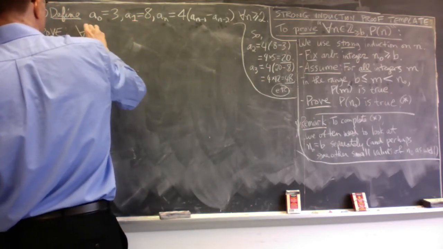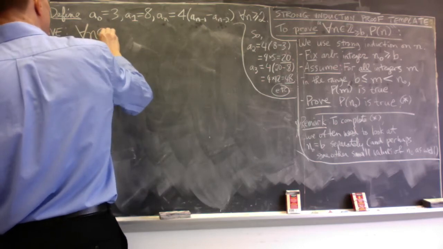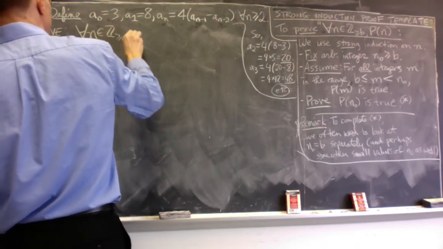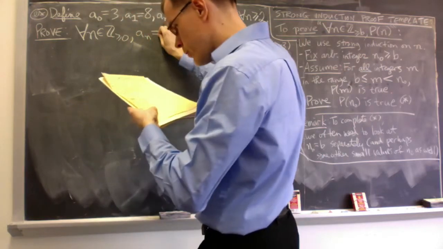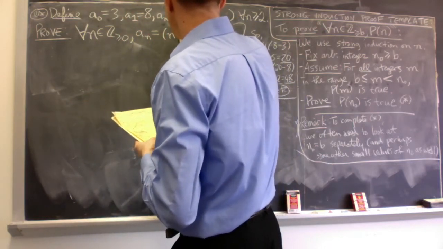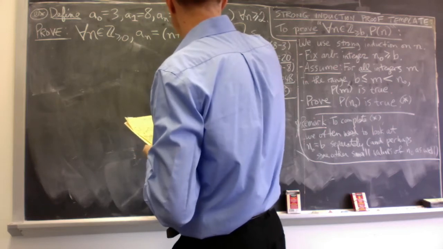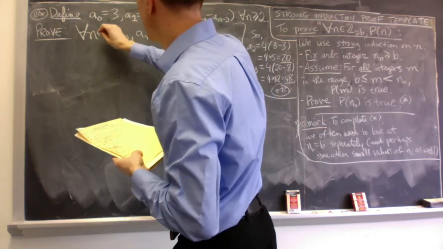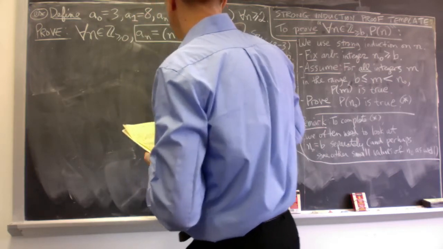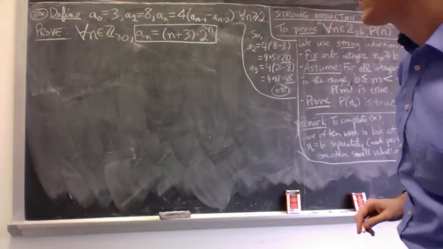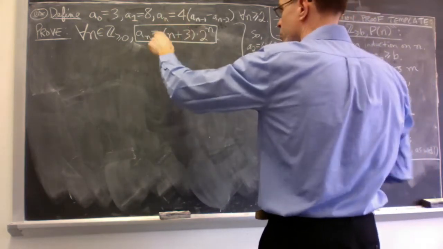I claim that for every integer n greater than or equal to 0, AN is given by the non-recursive explicit formula n plus 3 times 2 to the n. And maybe we can just check, see if I made an arithmetic error.